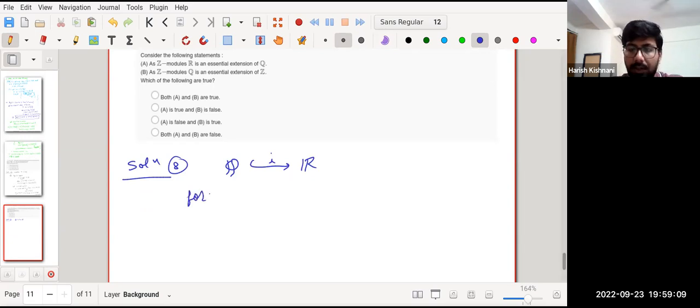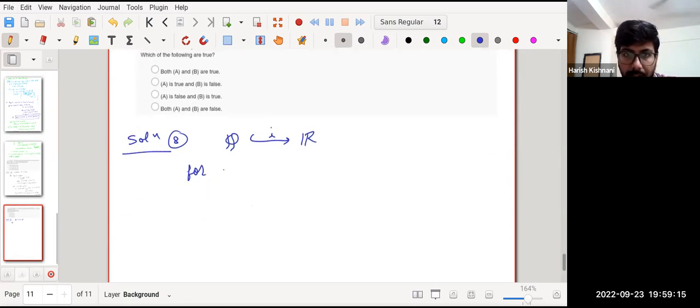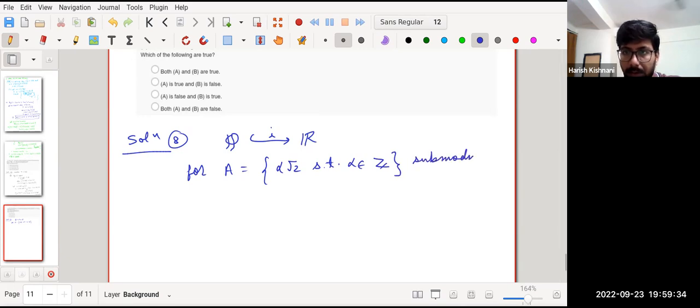Take A to be the module of this form, alpha times root 2, such that alpha belongs to Z. This is a submodule of R, right? But what is the inverse image of it? You can check that it's going to be 0.